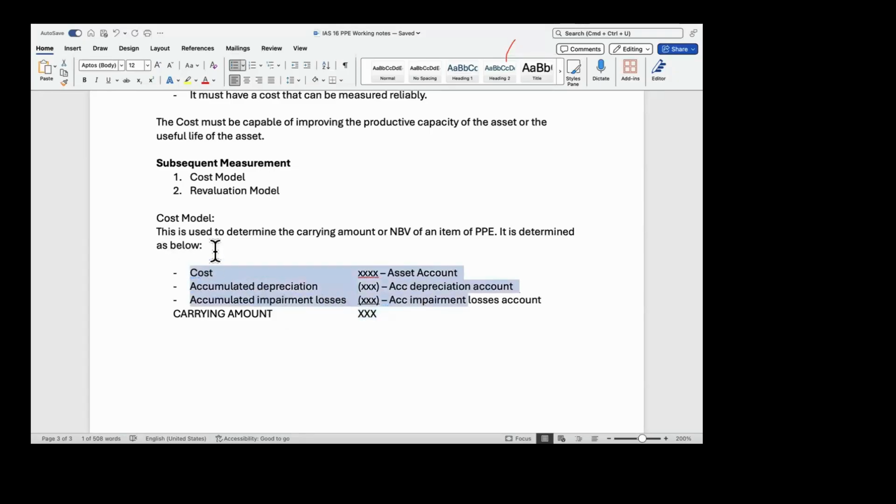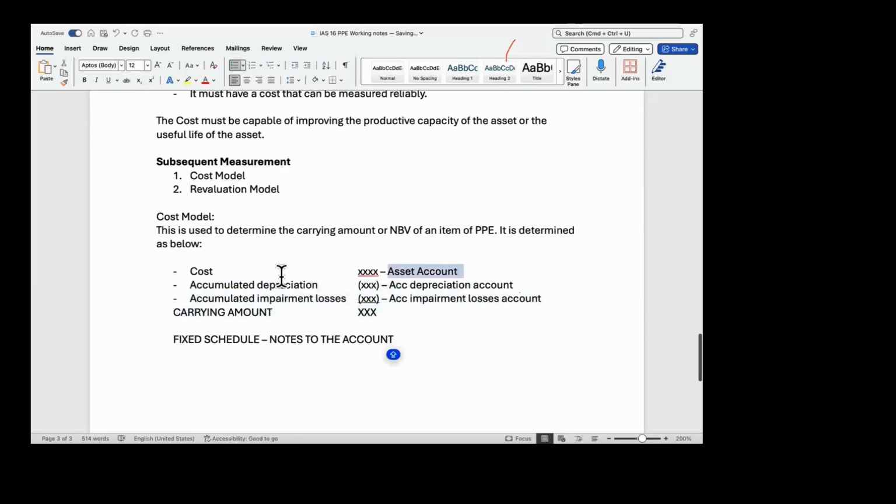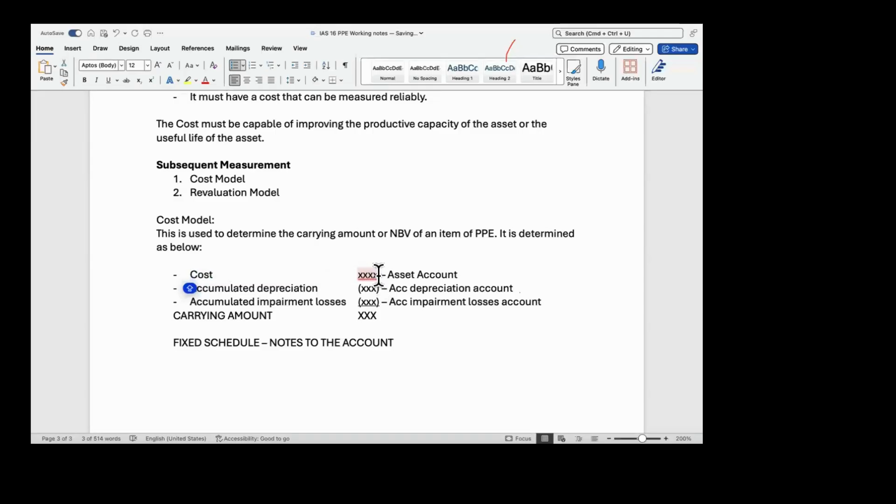And in fact, this thing I've just shown you, there's something we call fixed asset schedule. It's always in the notes to the accounts. That is where we usually do this computation. What you will find in the asset account is just the cost of the asset. Only the cost of the asset. Nothing more.